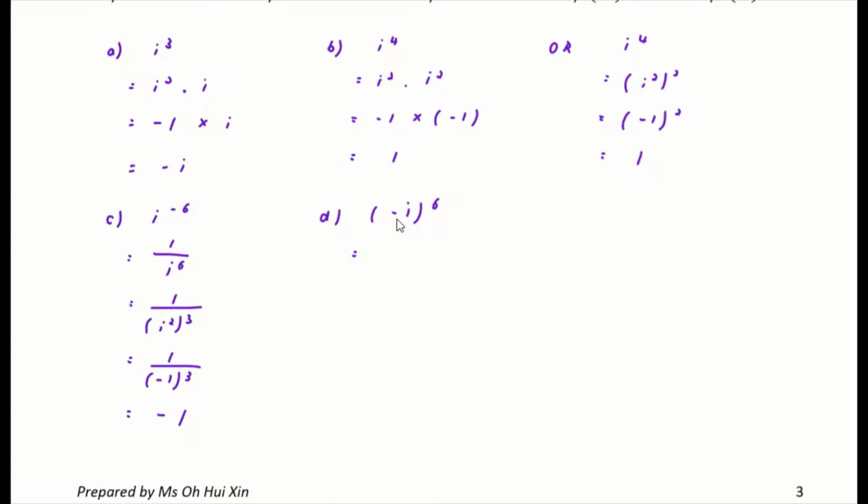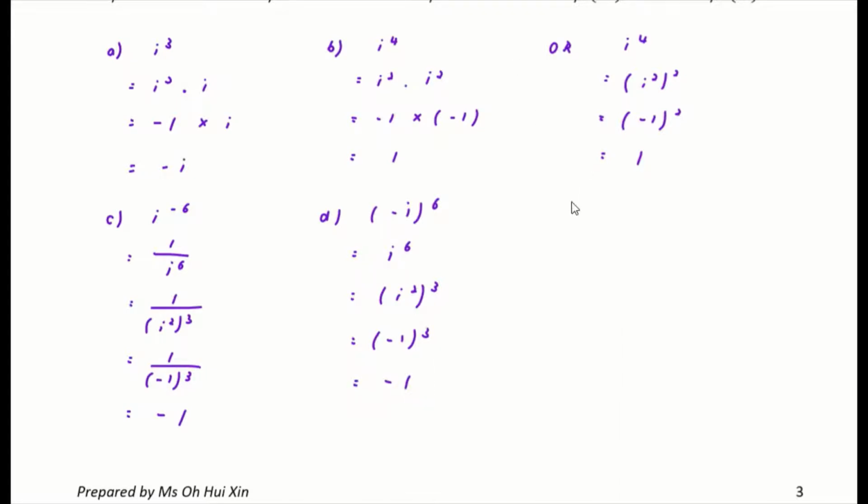Like for example, negative 1 to any even power will give you 1 as the answer. So that's why negative i in the bracket to the power of 6 is exactly the same as when I do i power 6. So that's why i squared, then cubed as well. So negative 1 cubed will just give me the answer of negative 1.